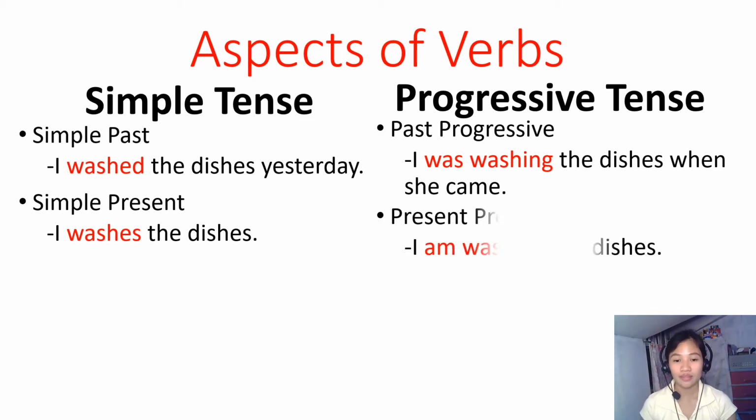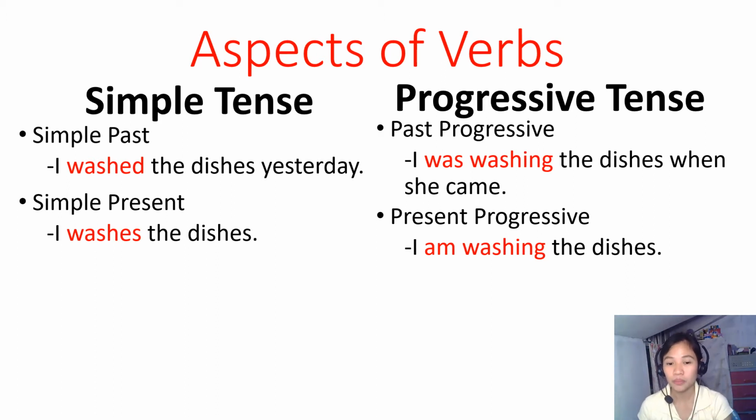Okay, next let's proceed to the present progressive tense. When you say present progressive, this is used to express an idea that an action is happening at the time of speaking. It indicates a continuous action or something going on right now.